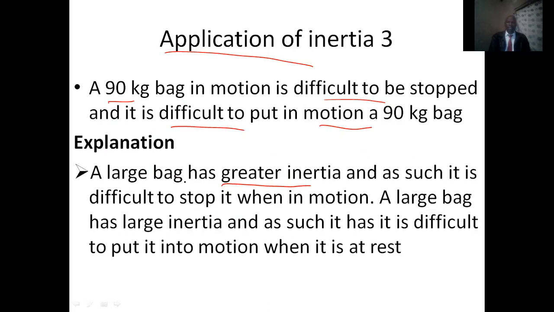A heavy object has greater inertia, and as such, when it is in motion, it is difficult for a person to stop it. And if it is at rest, a large body with a large inertia will be very difficult to put into motion.